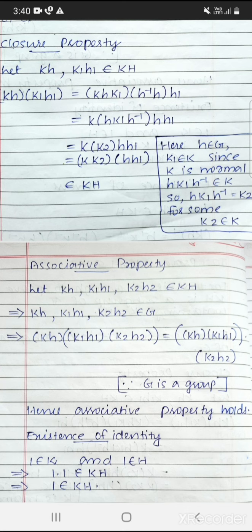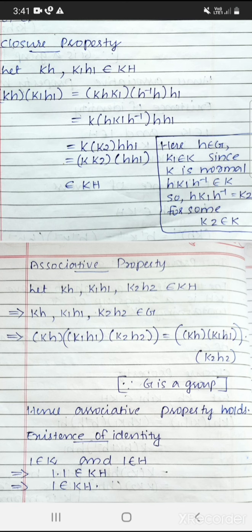So we got k into h k1 h inverse, h h1. This is nothing but k2, since K is normal. So k into k2 h h1. I am substituting this term as k2. So I got k k2 into h h1. This is an element of KH. So our first condition holds. I am taking two elements from KH and if I multiply these two elements, that particular element is also in KH, which means the property holds.